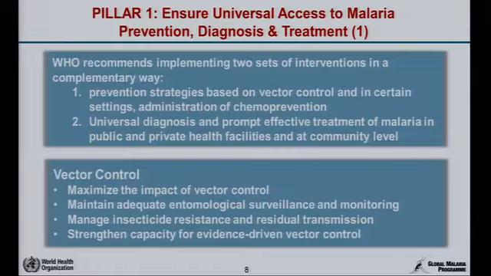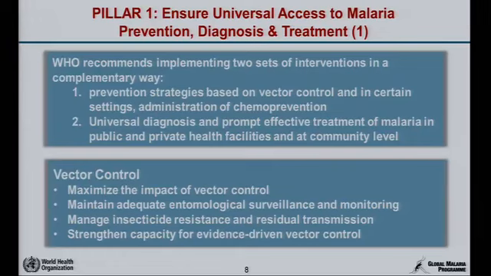And the second key component, the universal diagnosis and prompt effective treatment of malaria in public and private health facilities and at community level. Vector control, of course, this speaks to maximizing the impact of vector control, maintaining adequate entomological surveillance and monitoring, something that is often lacking, to manage insecticide resistance and residual transmission.